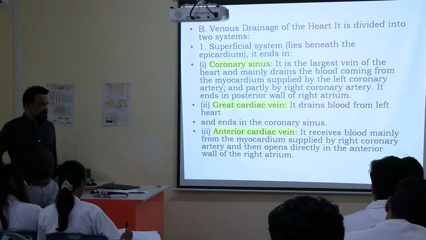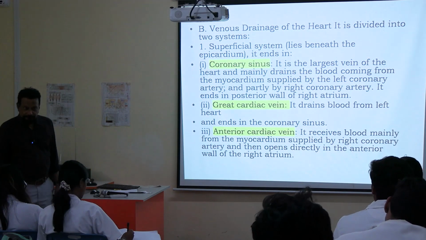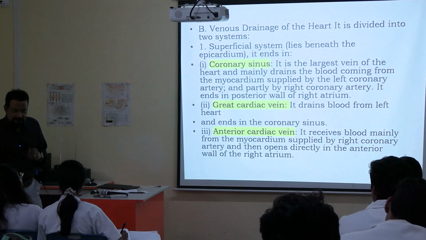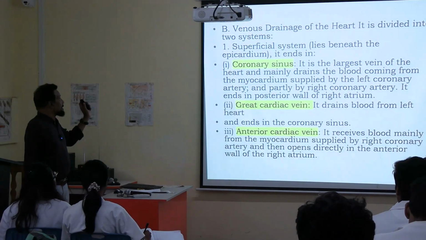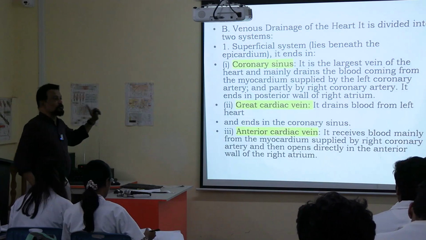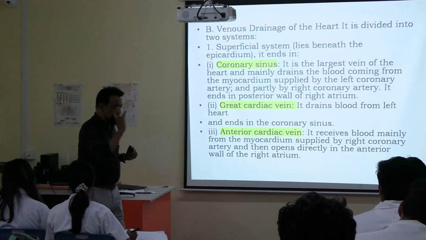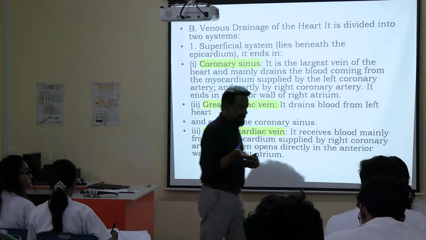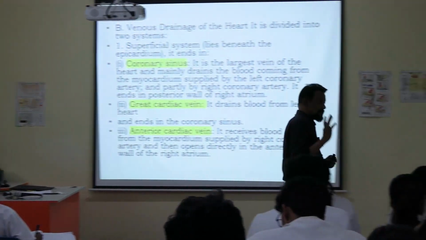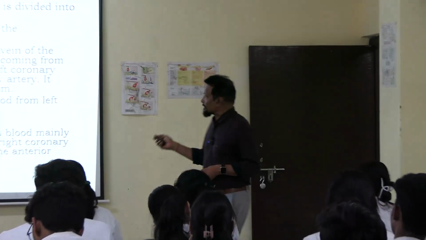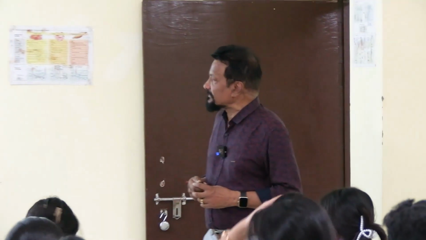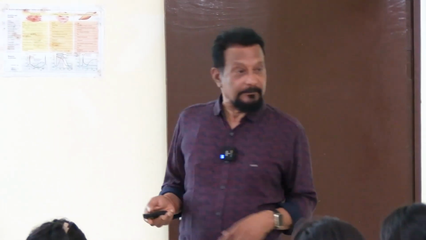Venous drainage. I will not discuss in detail because this is physiological, it is less important. Here there are two venous systems. One is the superficial venous system, another is the deep venous system. The superficial venous system has three components: coronary sinus, great cardiac vein, and anterior cardiac vein.